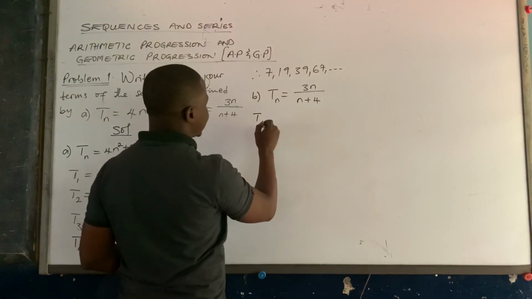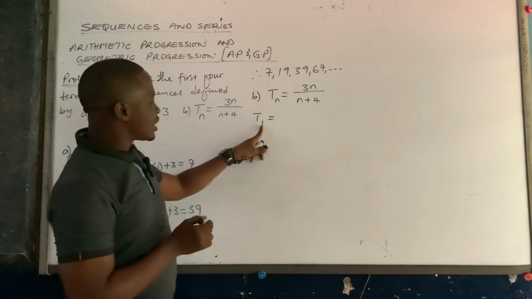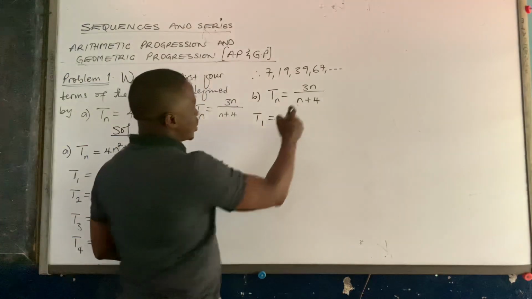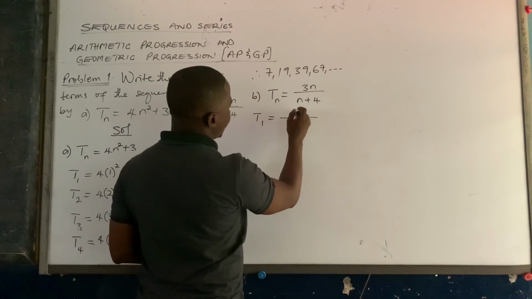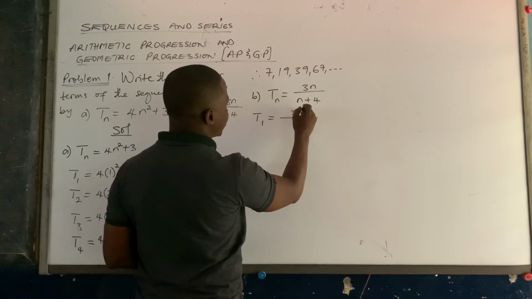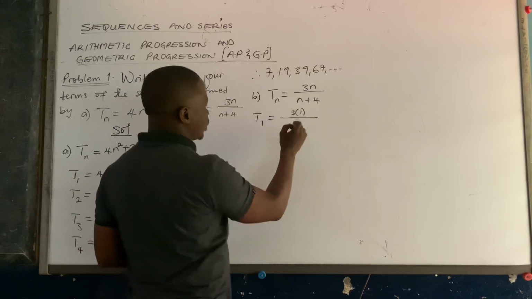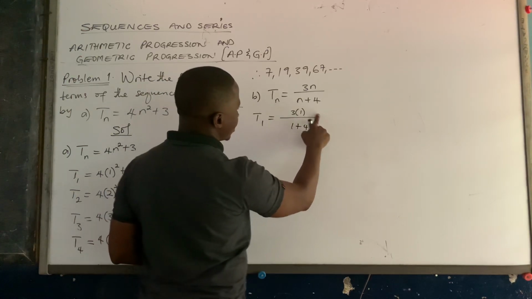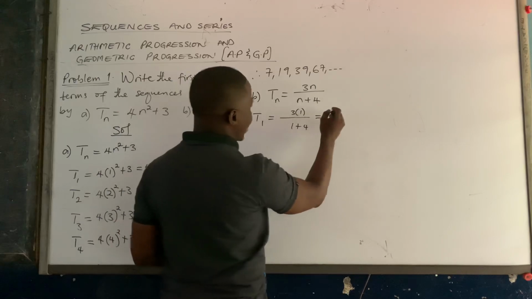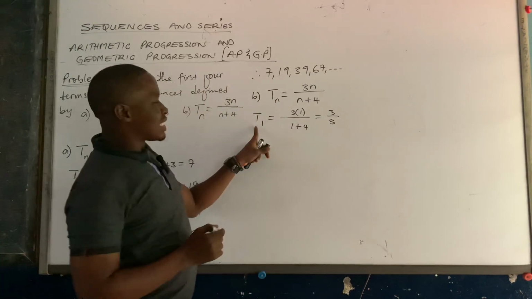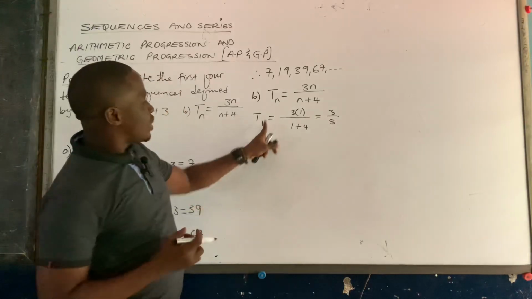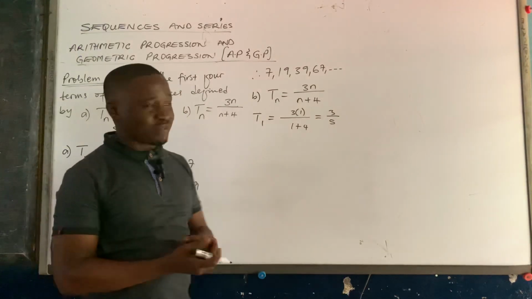So we start with t sub 1, the first term. Wherever we see n, we write 1. So for 3 times n, we say 3 times 1. For n plus 4, we say 1 plus 4. 3 times 1 is 3. 1 plus 4 is 5. So the first term of the sequence with this general term is 3 over 5.